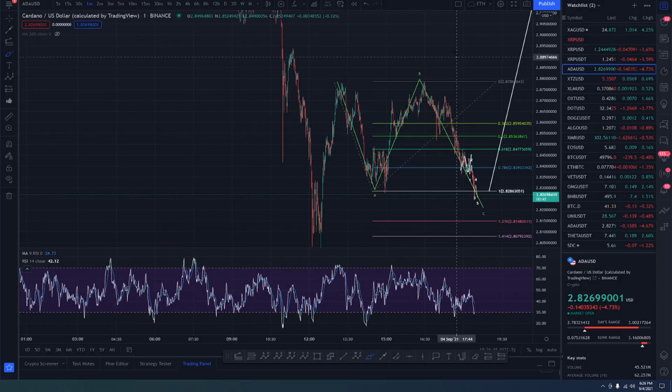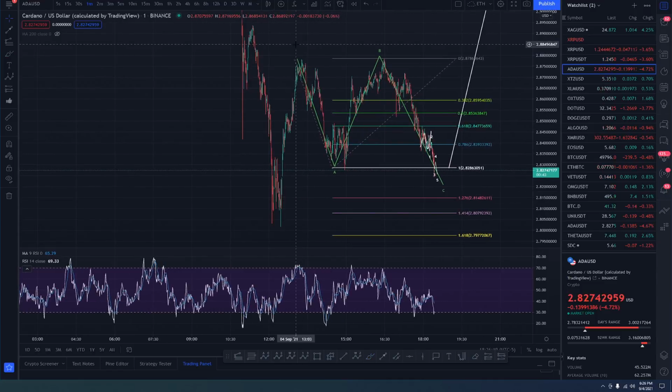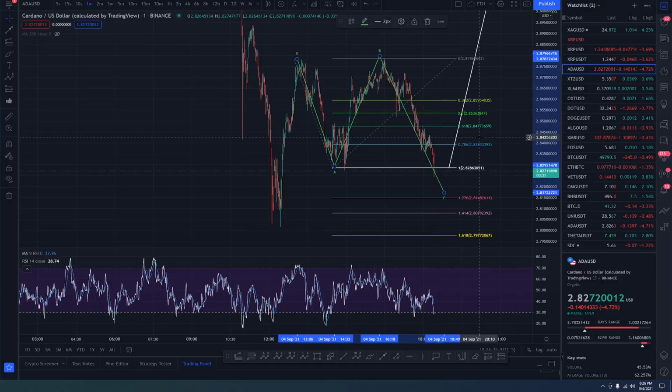So ADA looked like an impulse off the bottom. Looked like 3 waves was done, but they went up in 3 waves and then came back down in 5. Looks like they made a flat correction, maybe for this wave.